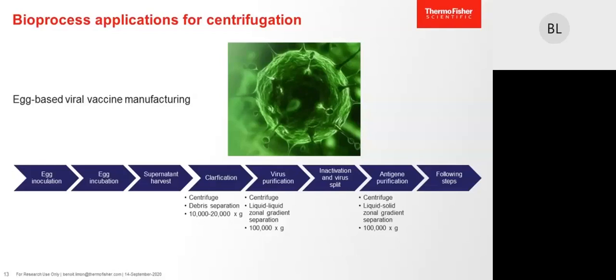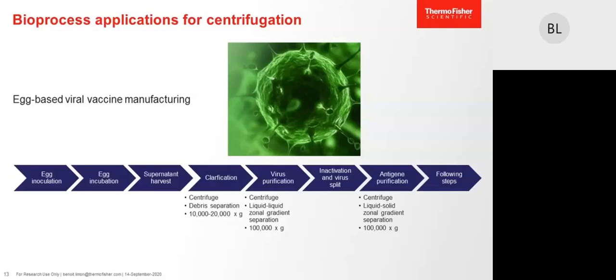Then the allantoic fluid containing the virus is processed through a zonal gradient ultracentrifuge at about 100,000 G-force. The virus will be sorted by size and density in the gradient, and a specific fraction will be recovered for the targeted size virus.